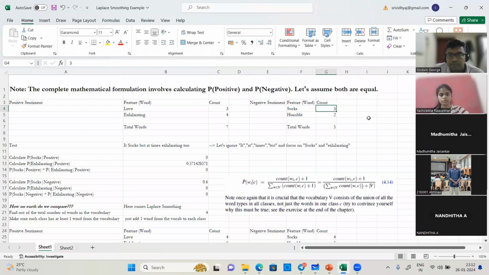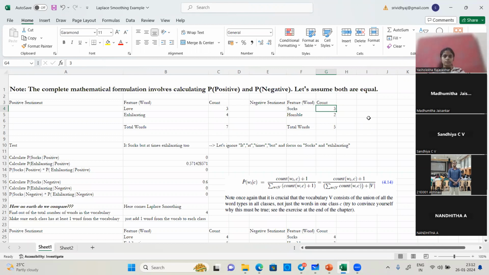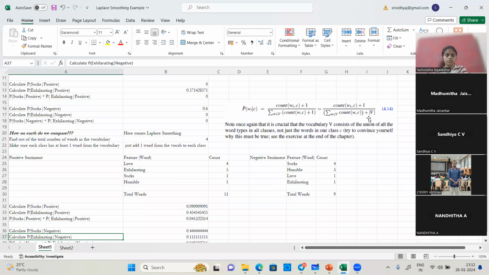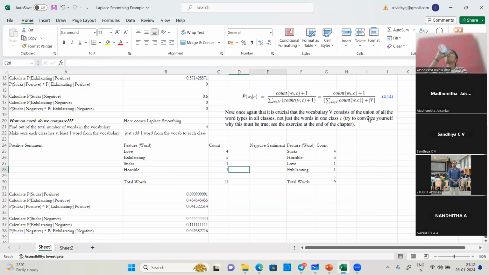So how many occurrences of sucks? 4. Okay. Horrible. 3. Love. 1. Exhilarating. Again 1. Exactly. Right. So here you go. 4, 3, 1, 1.